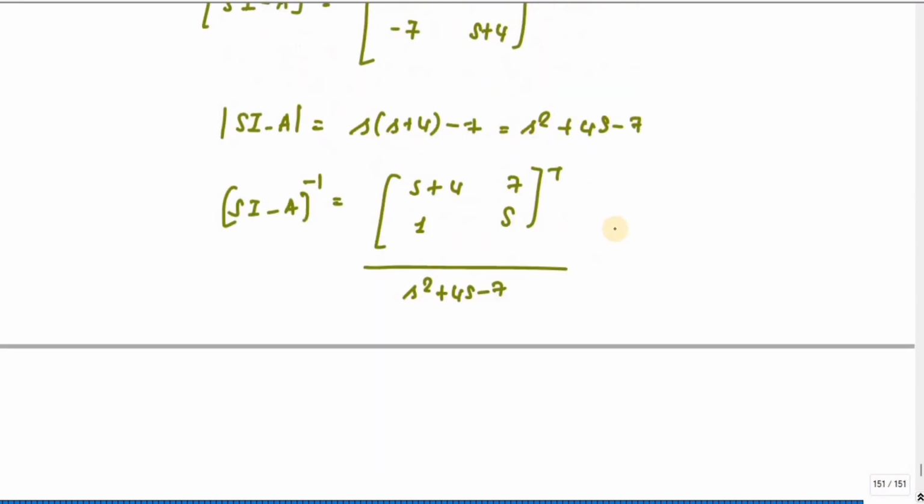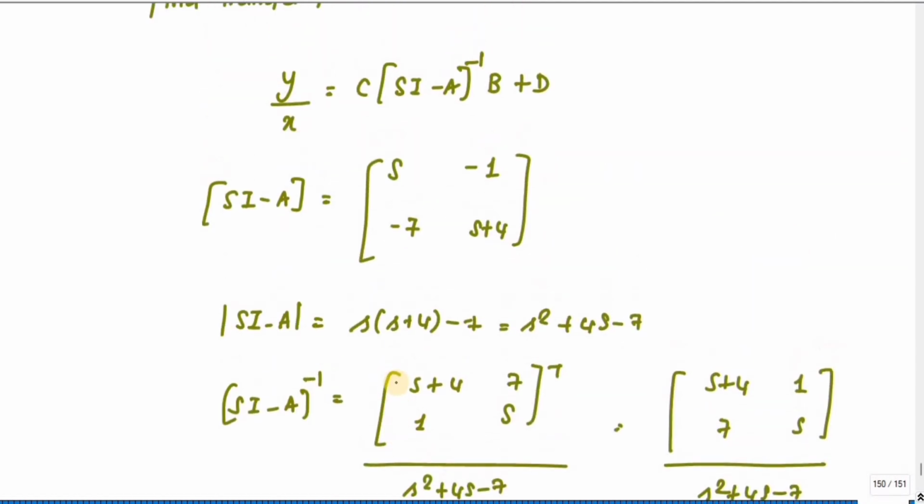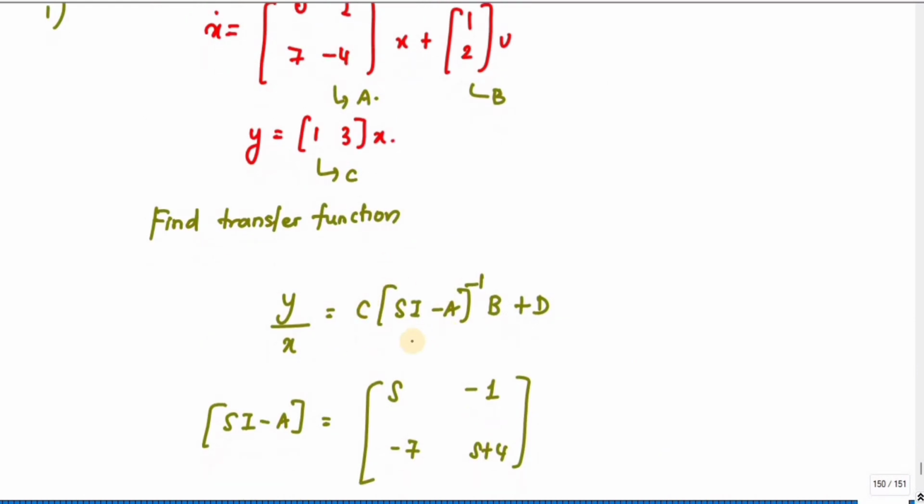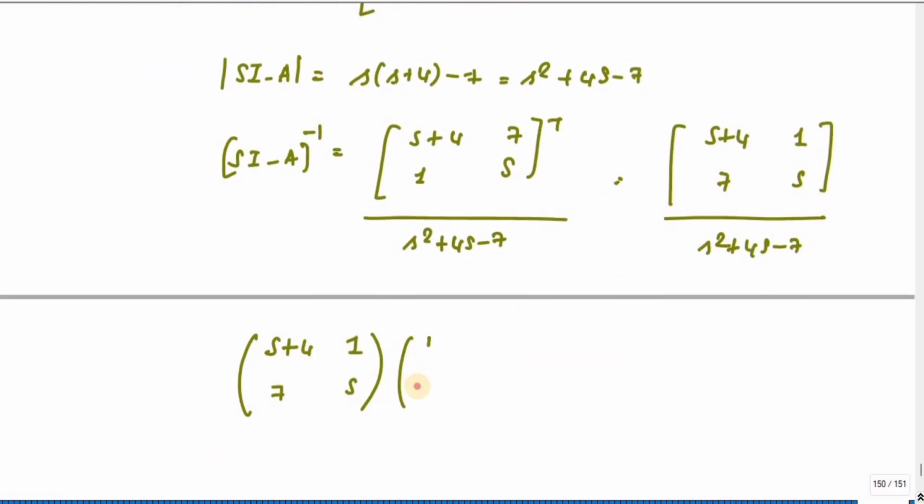So next you have to take the transpose of this one and divide by the denominator, right? Next you have to multiply with 1, 2, because 1, 2 is your B value. So we get the answer as s plus 4 plus 2. Next one, 7 plus 2s.